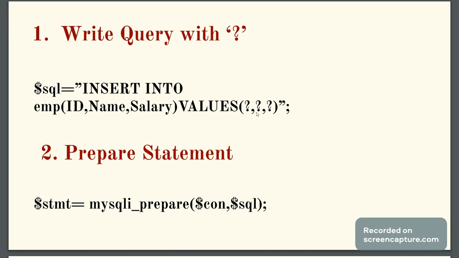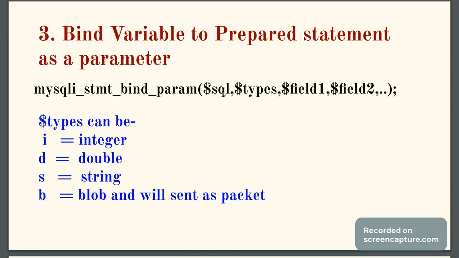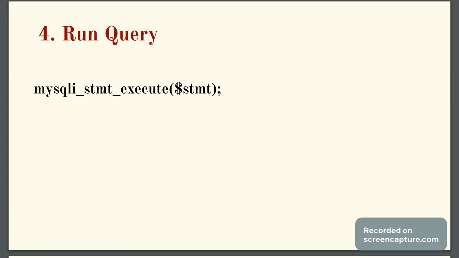So here we will write $stmt, comma, in double quotes "isi", and we will pass the id, name, and salary variables. And at the end, we have to run that query by using mysqli_stmt_execute and the statement object.